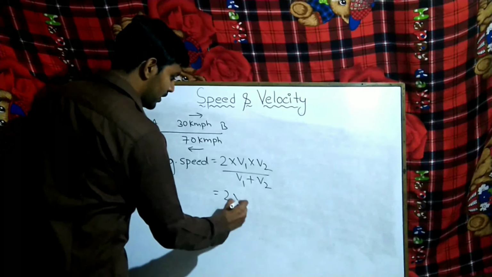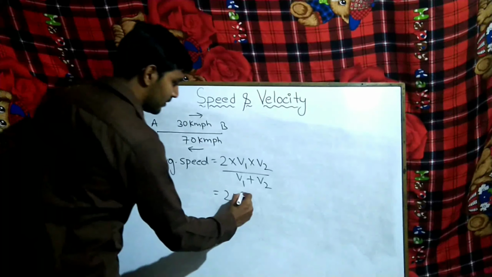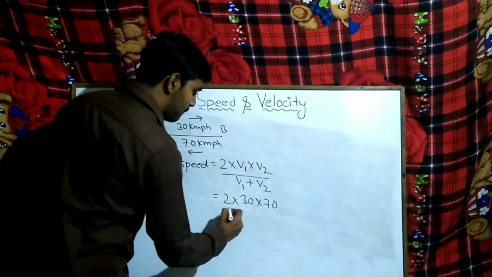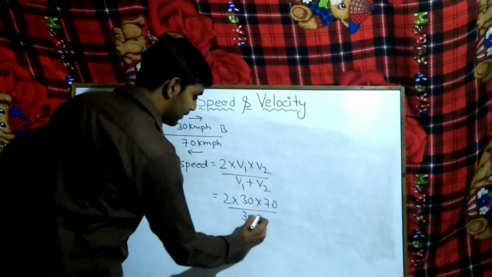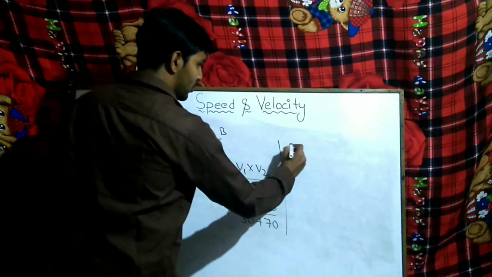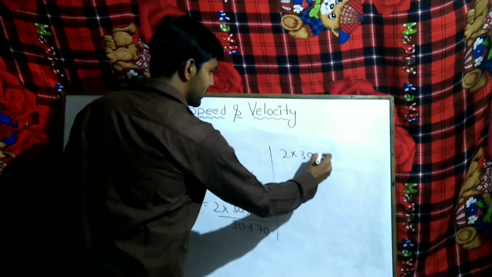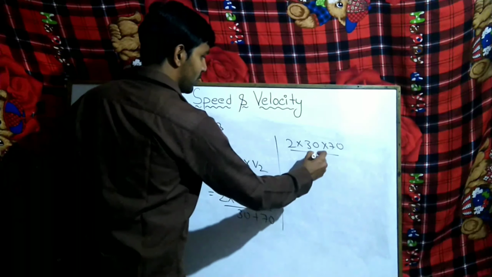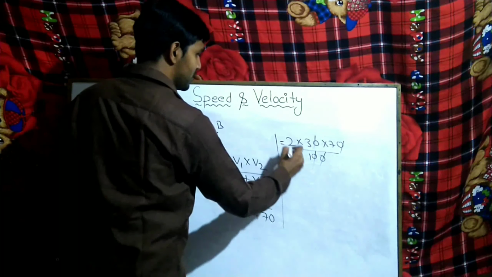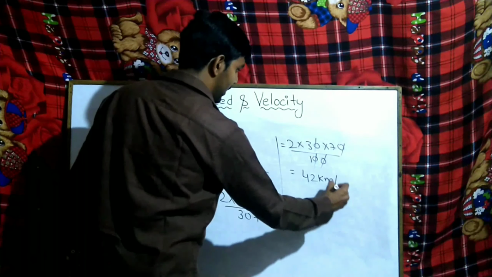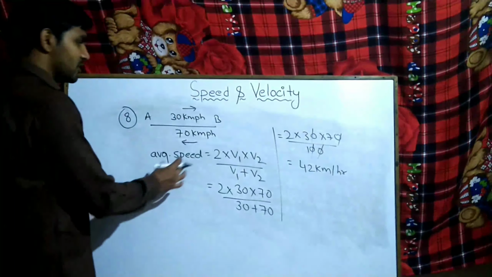So now 2 into 30 into 70 by 30 plus 70. So now 2 into 30 into 70 by 100. So 10 10 10 10. So how much you got? 42 kilometer per hour.